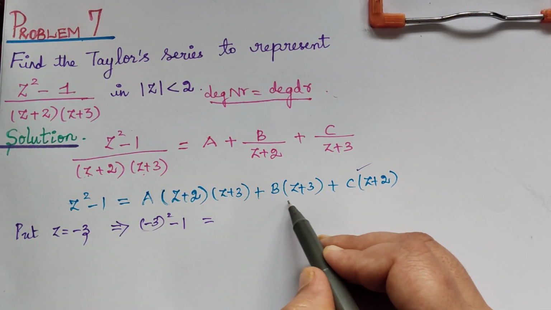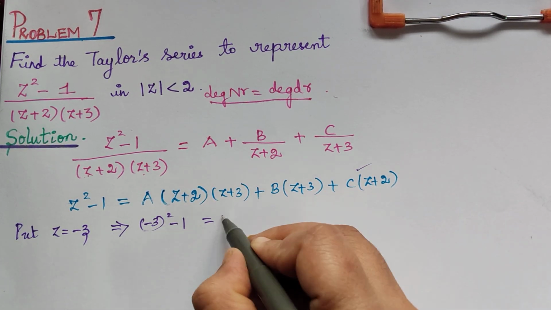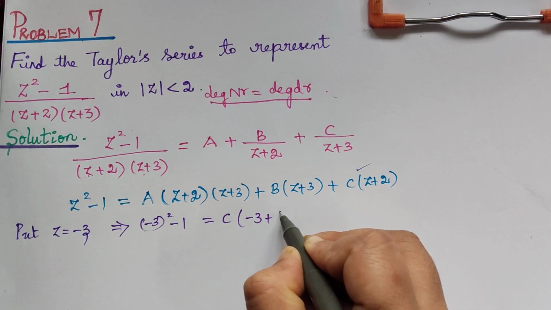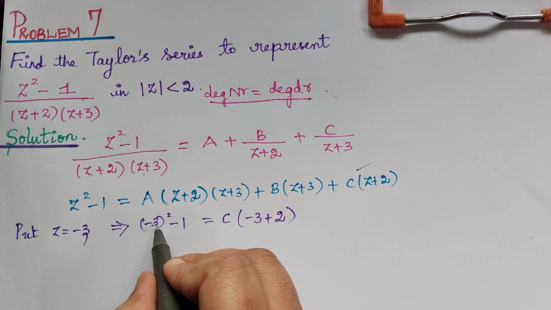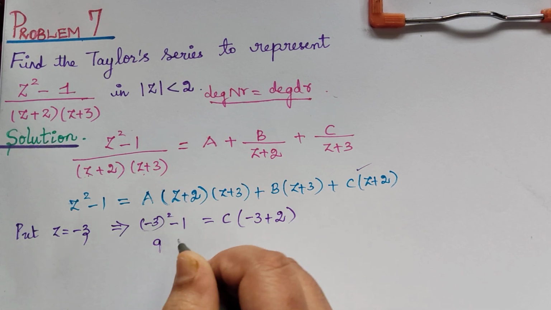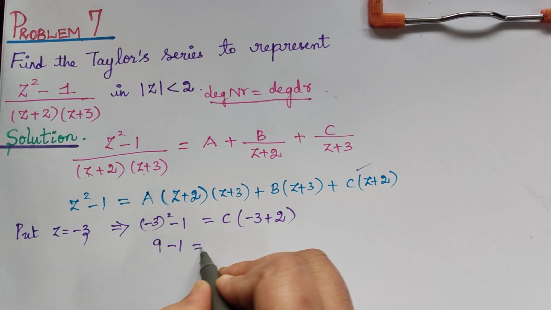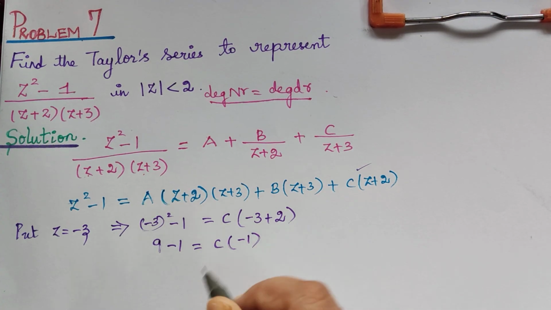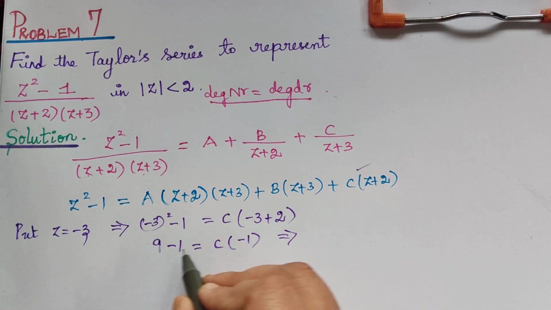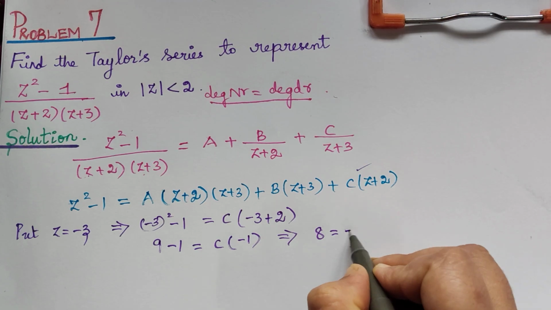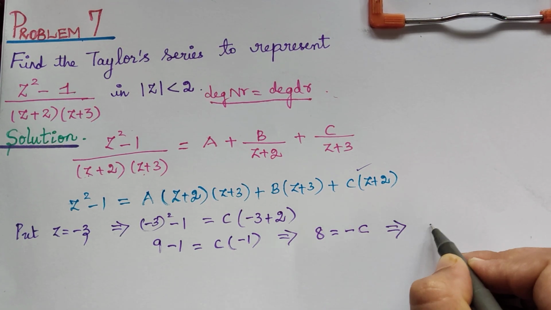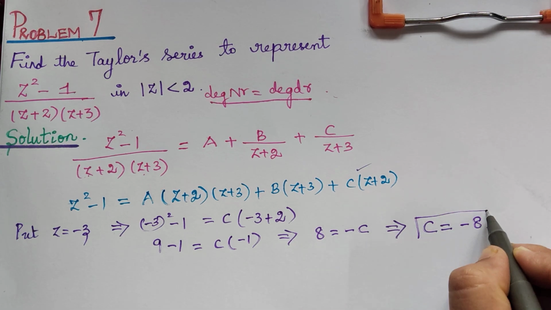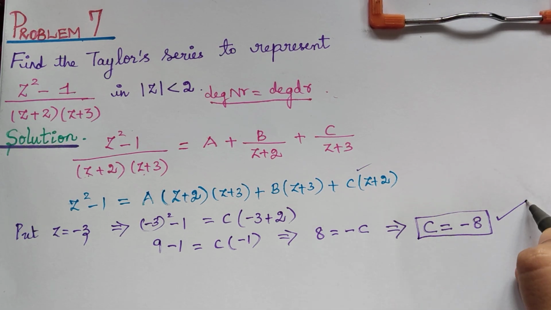In a similar way this term also becomes 0, and here we will have c multiplied with minus 3 plus 2. So on the left we have minus 3 square is 9, minus 1, equal to c multiplied with minus 3 plus 2, which is minus 1. So from this we get 9 minus 1 is 8, equal to minus c, and from that we get c equal to minus 8. So this is the value of c.